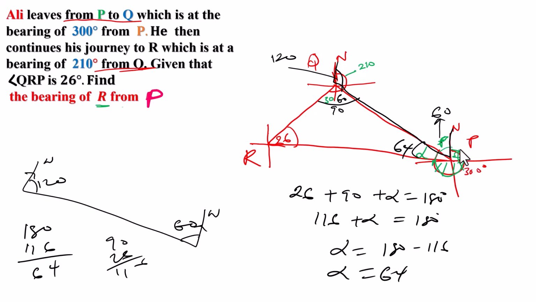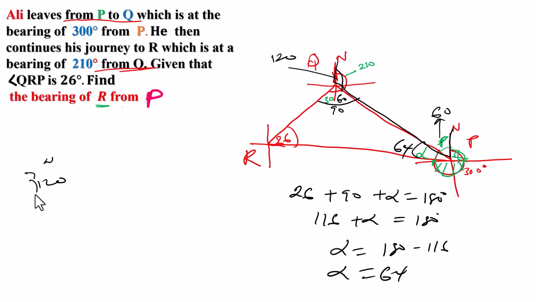Everything here is 360. Now that we know alpha and beta, we can find the bearing of R from P. So the bearing of R from P is given by 360 minus alpha plus beta.